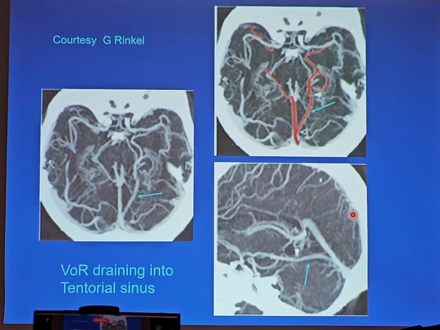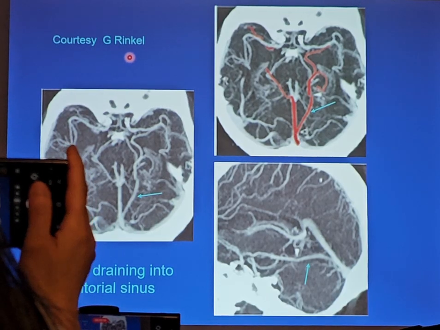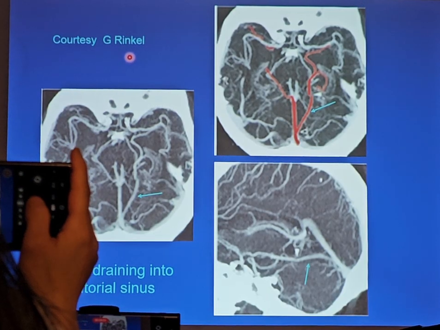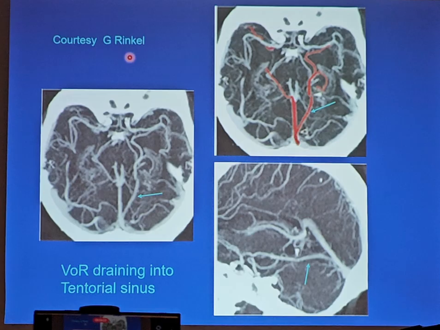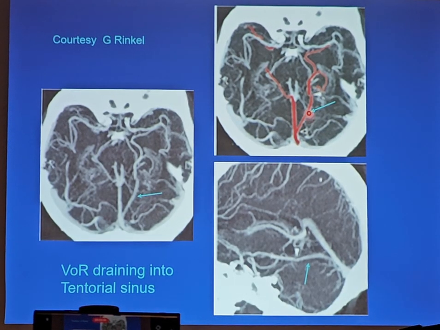persistent tentorial sinus. The group of Rinkel in Utrecht has paid a lot of attention to this. As you know, they named the term perimesencephalic bleed, and they looked at the veins in the region in patients with perimesencephalic bleed, and they found an increased incidence of venous anomalies. And one of the main ones that they found frequently was the vein of Rosenthal draining into this tentorial sinus.